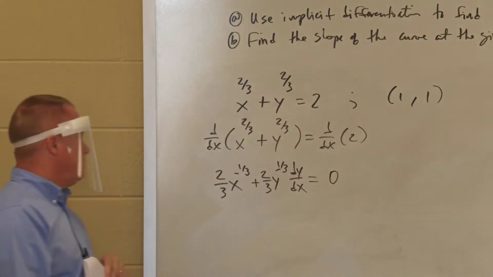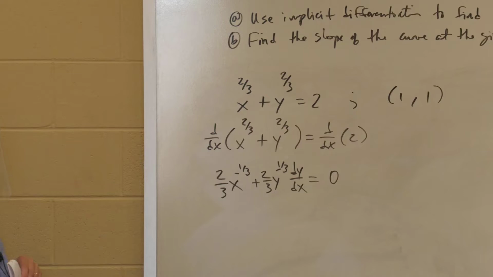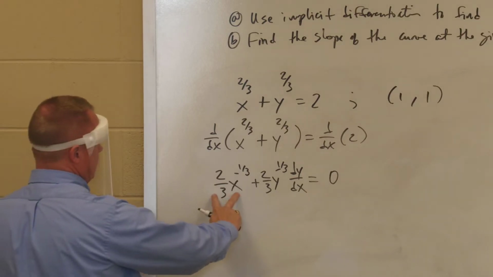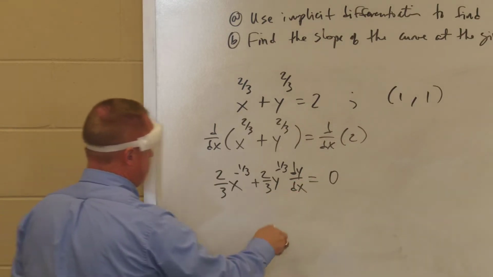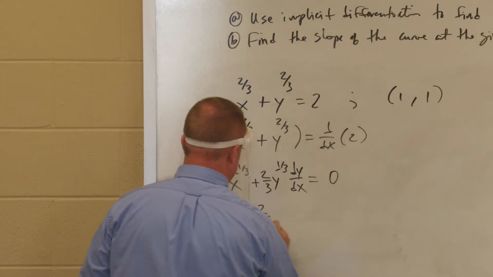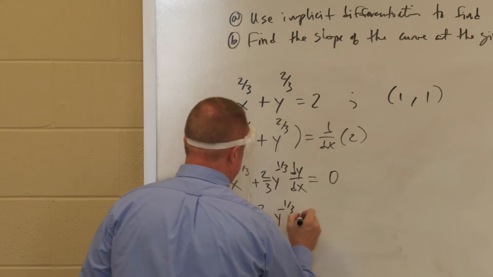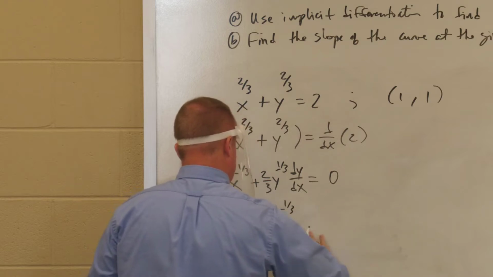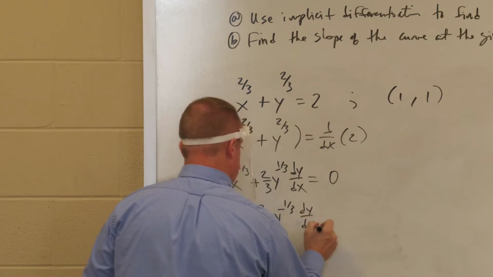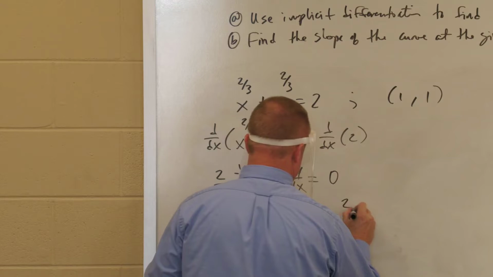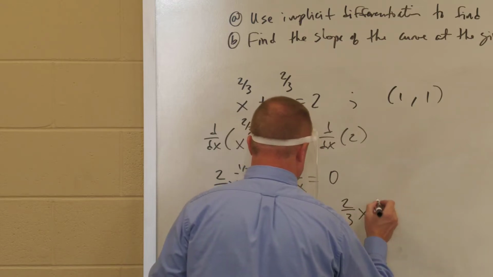So now I need to solve for dy dx. I would first subtract the x part over. So I would get 2/3 y to the negative 1/3 dy dx equals negative 2/3 x to the negative 1/3.